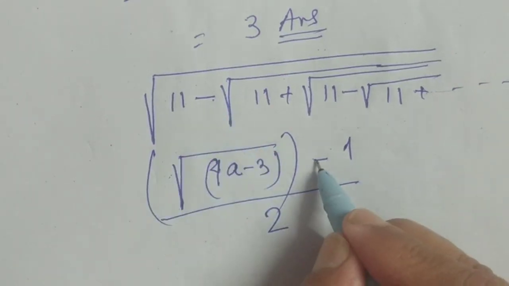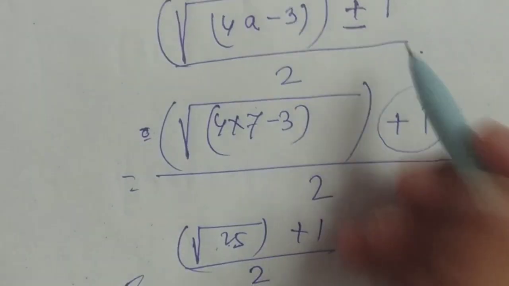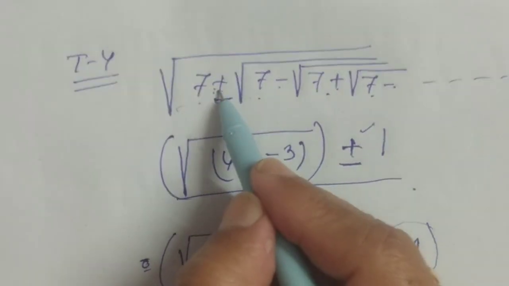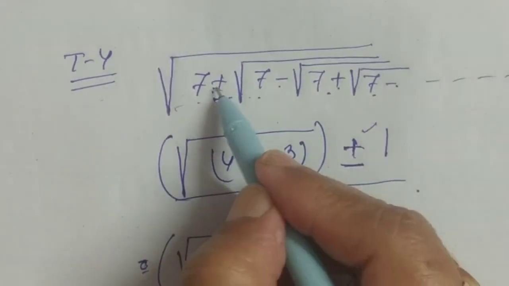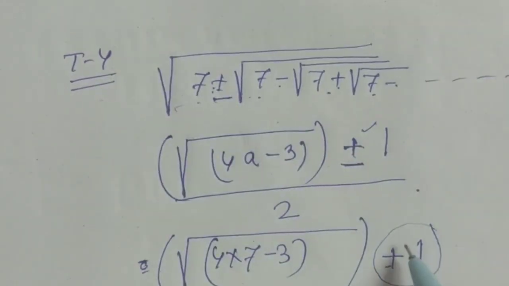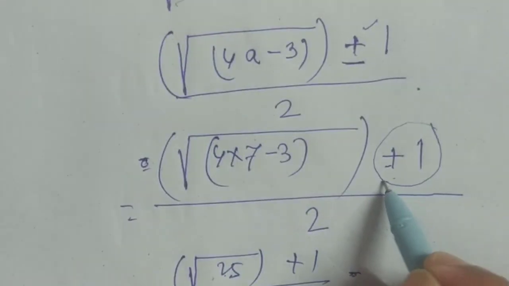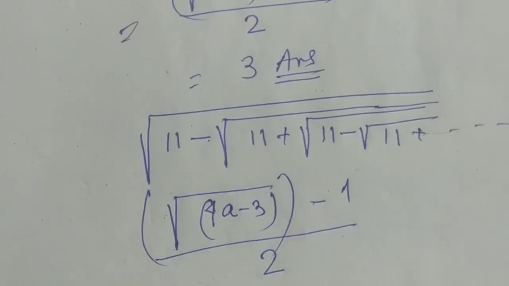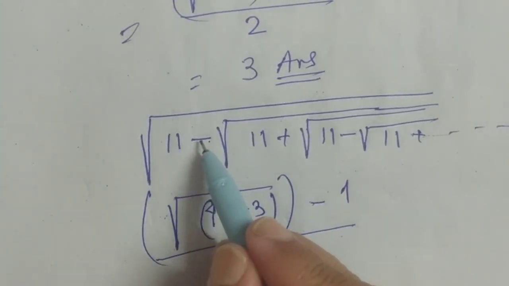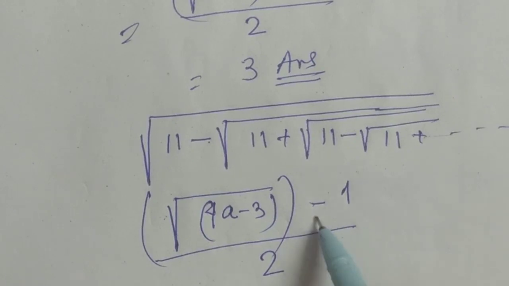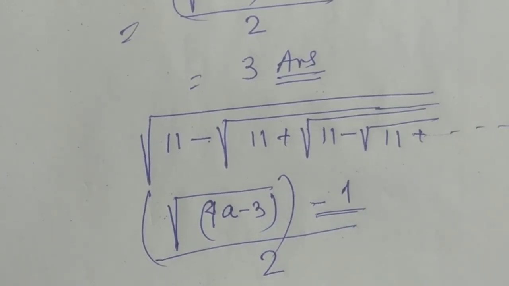And earlier we wrote plus 1 because the first sign was positive. If the first sign is positive, it is plus 1, and if the first sign is negative, then it is minus 1.